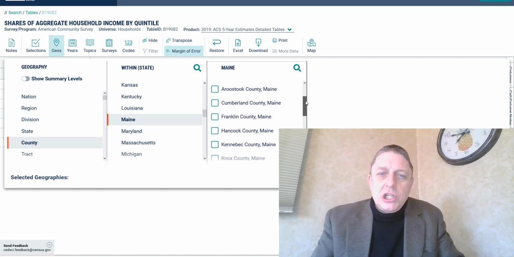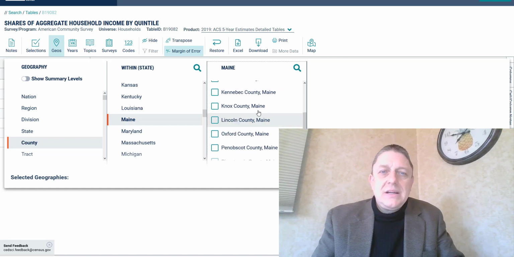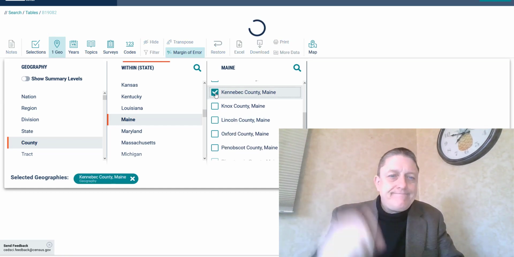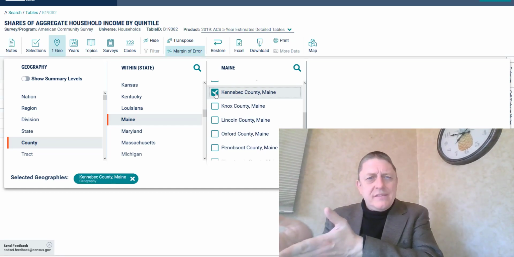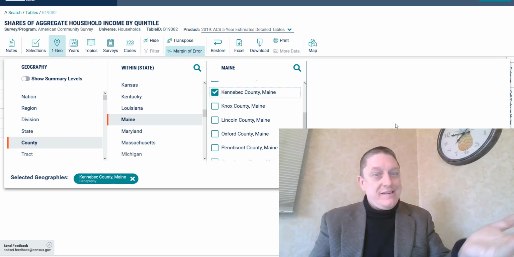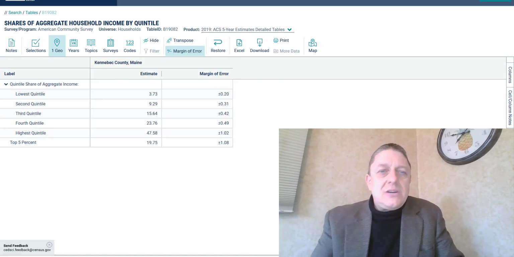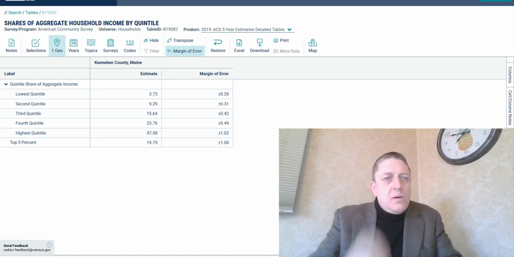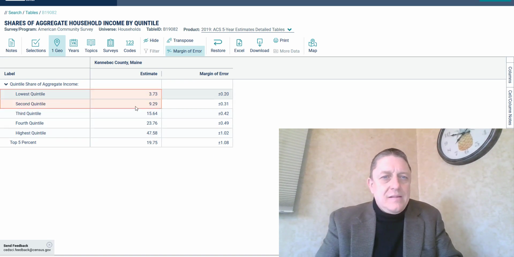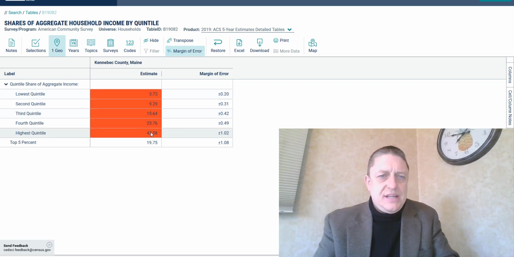And I could take a look at a particular county, right? It's really intuitive. And then once I'm ready to go, I could hit close, and it's going to tell me what the level of income inequality is for a county.